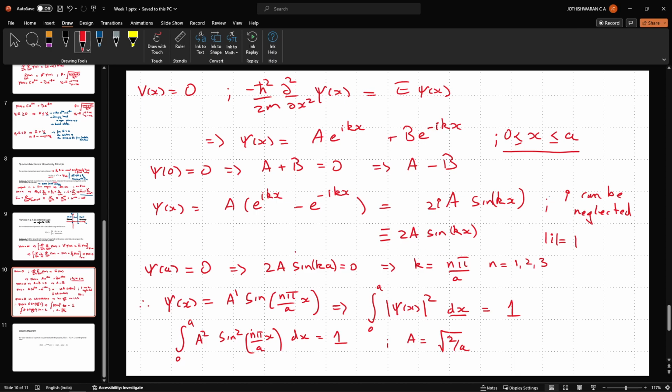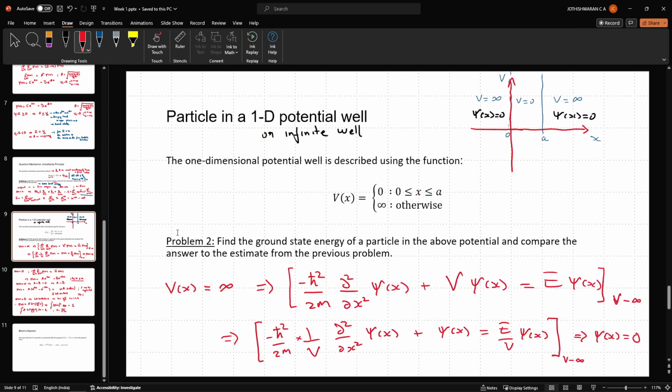What shall I do? Yeah, in fact, I'll go back one slide and I will just write it over here itself. I will say psi of x for this is again defined piecewise. It is square root of, yes, I have a better idea. I can do this as 2 over a whole power half.